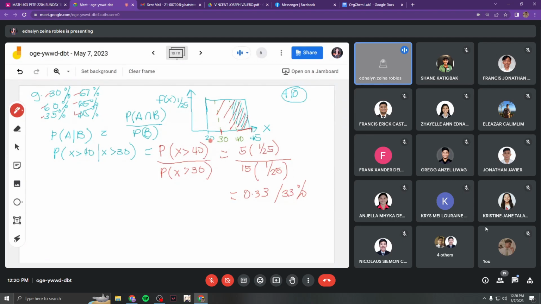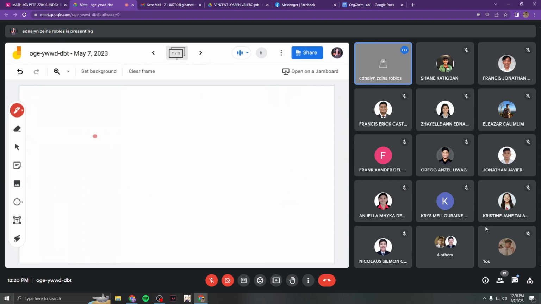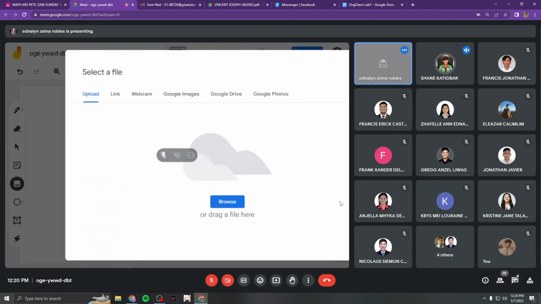So this is the probability of A and B over the probability of B. So this is still applicable up until this time of our discussion. So any questions for this problem sa letter G? Nakuha ba? Yes po. Okay. So this one.